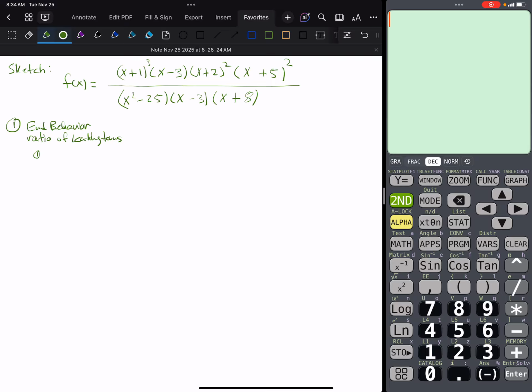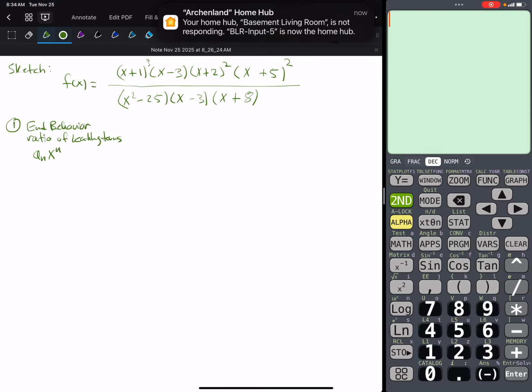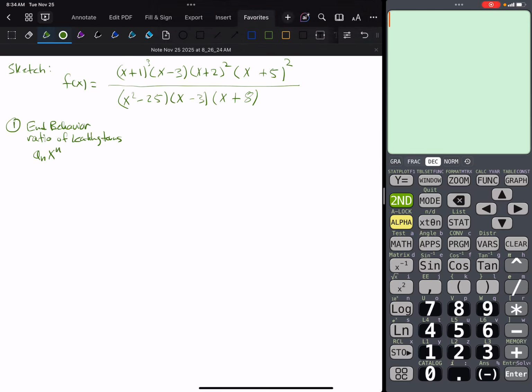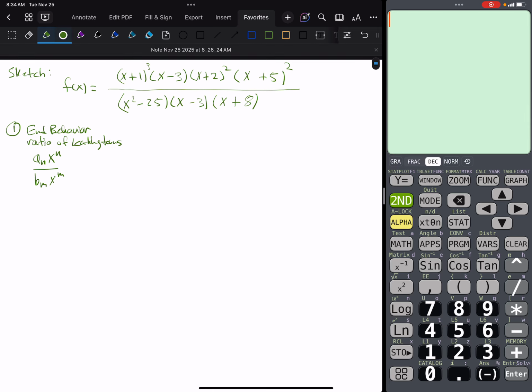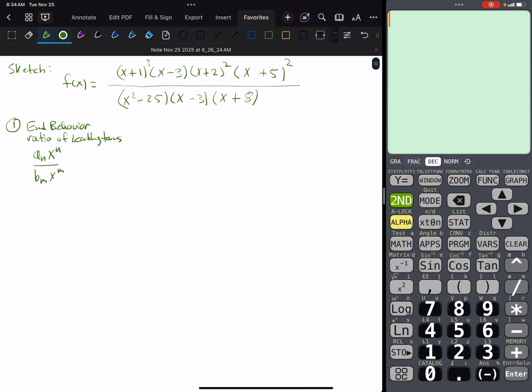And so that would be a sub n x to the n, divided by b sub m x to the m. And that will be that ratio of leading terms from our general definition of a polynomial.